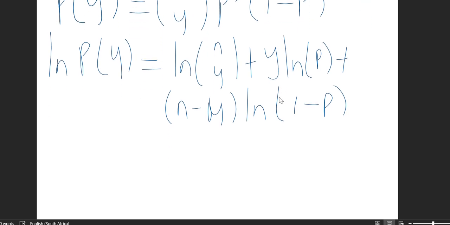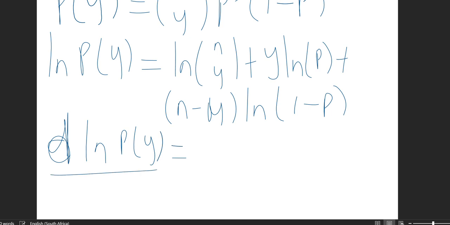Now we are going to take the derivative of this logarithmic function with respect to p. The derivative of the n choose y part is just going to be 0 because we are deriving with respect to p.